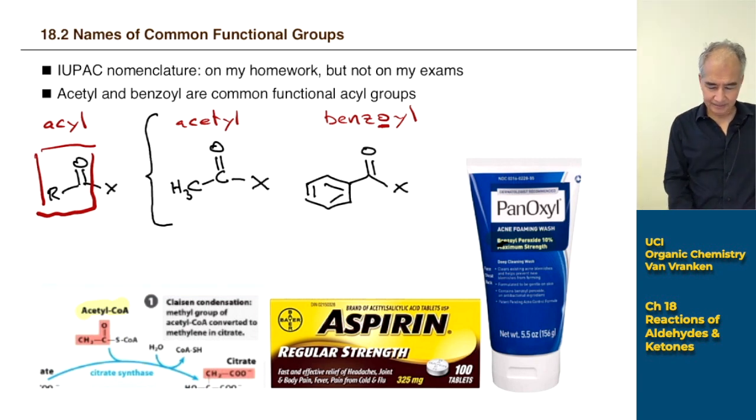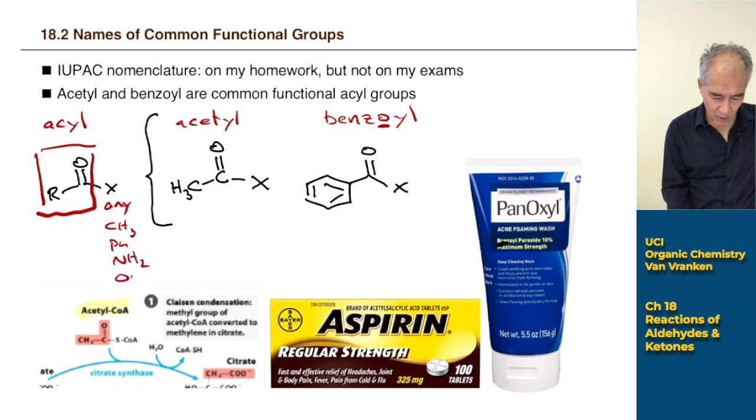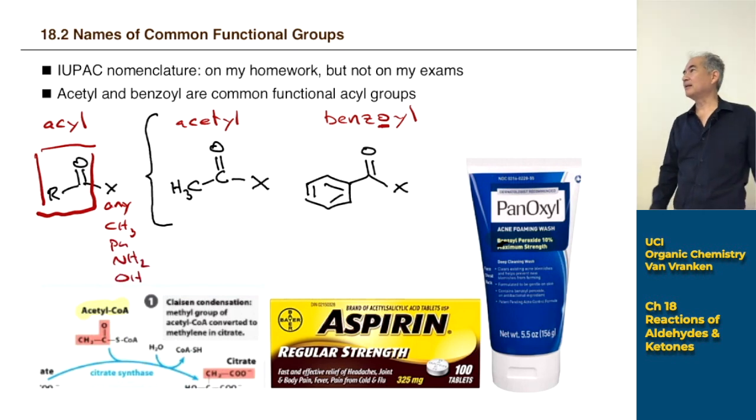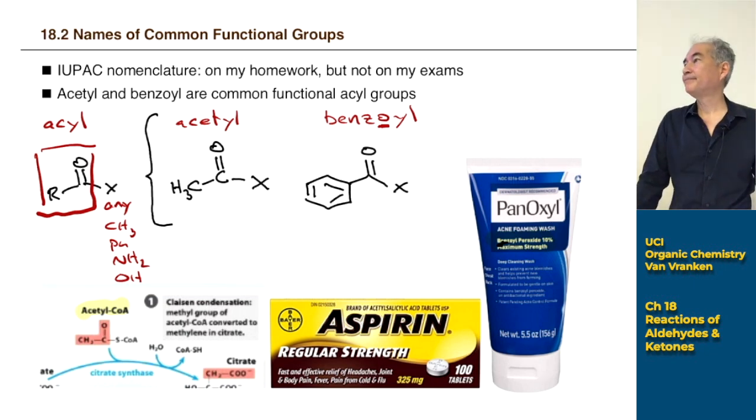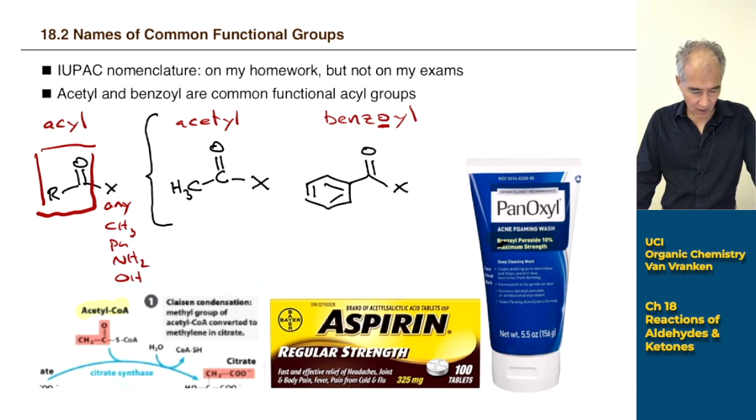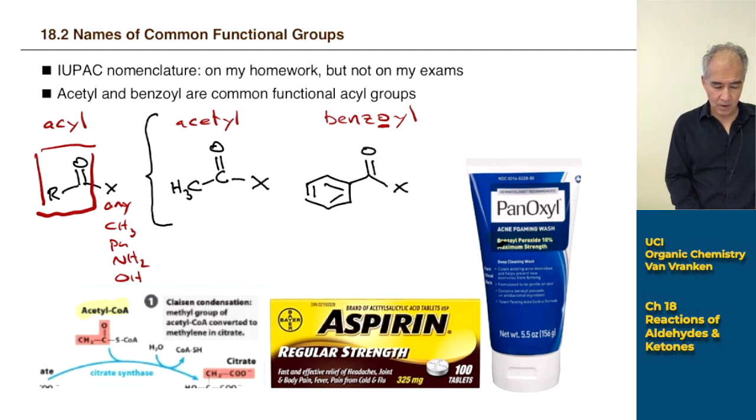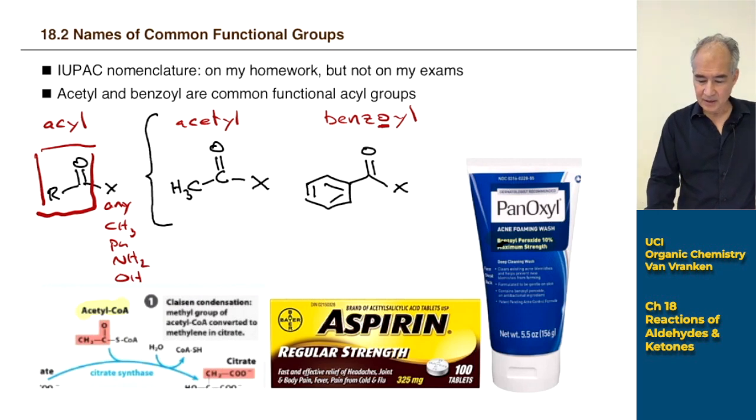X is anything. So this could be, I'll just write any here. So that could be carbon, that could be phenyl, that can be amino, that can be OH, X can be anything. But the thing in the box is called an acyl group. R on the other side can be anything and you call it an acyl group. So over here, R acyl is kind of the generic name.